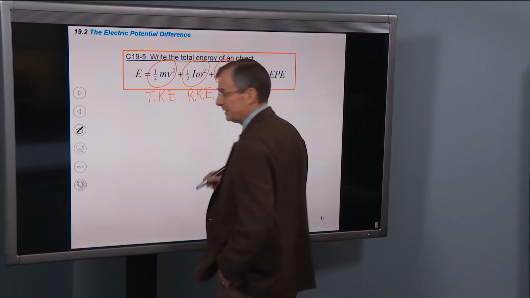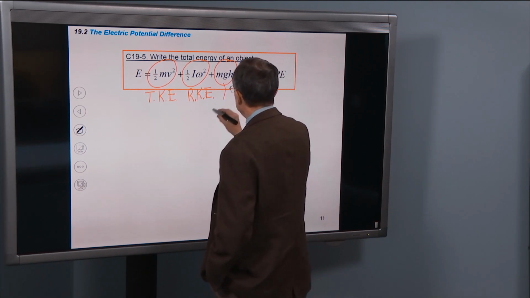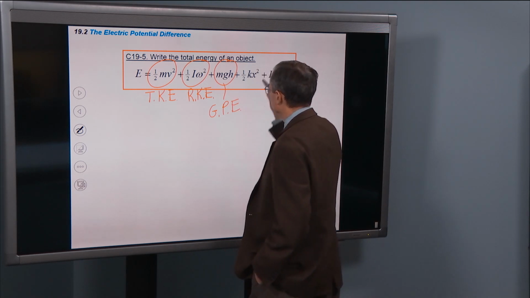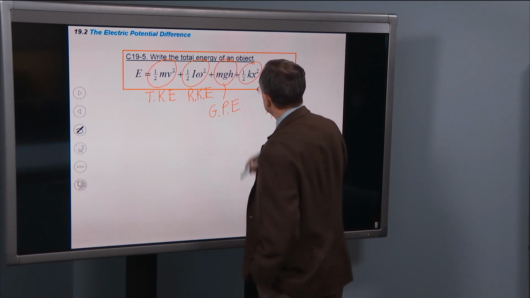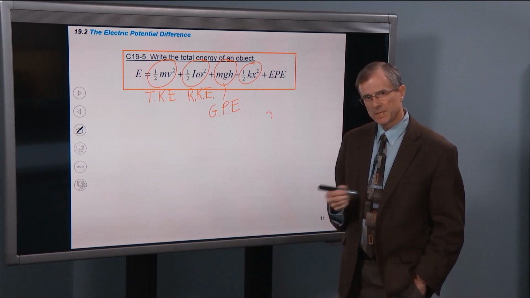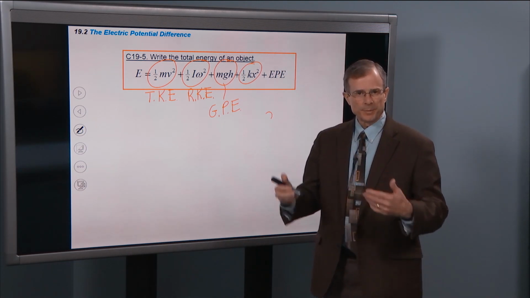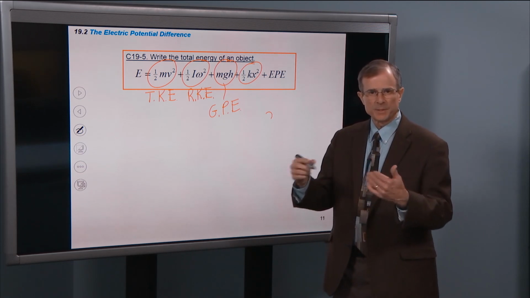mgh, we know about that. That's the gravitational potential energy. The 1/2 kx squared, what's that called? Variously called the spring potential energy or the elastic potential energy.